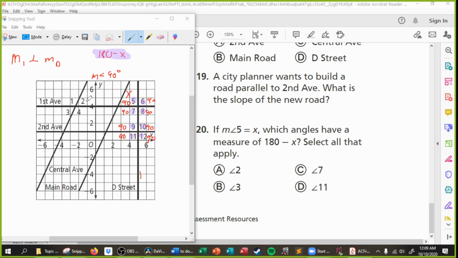Angle 2 is way over here, right? So that is a no-go. So it's not angle 2. Angle 3 is also over here. Can't be that. Angle 7 and 11 are part of this. So our answers are 7 and 11.